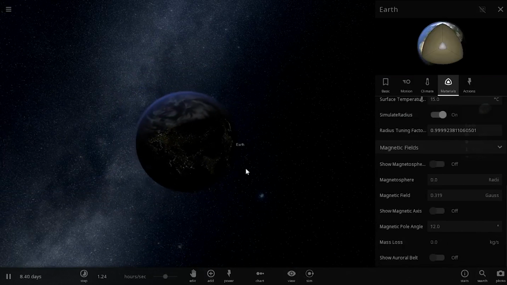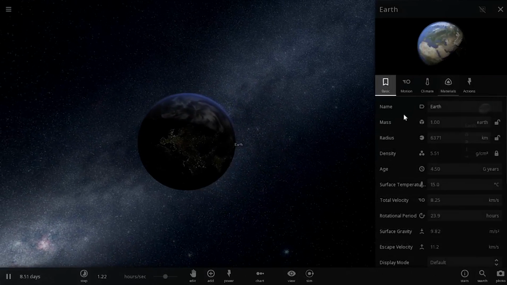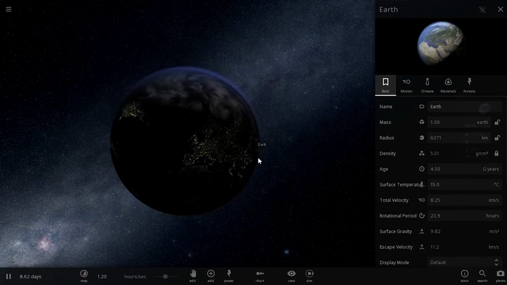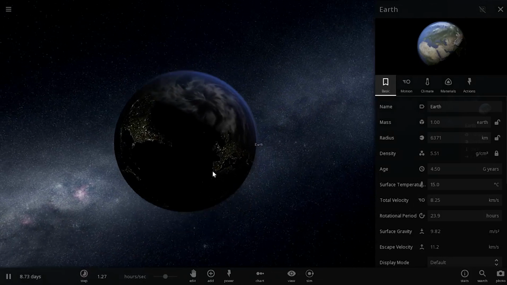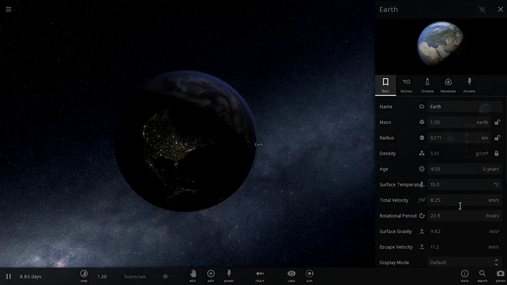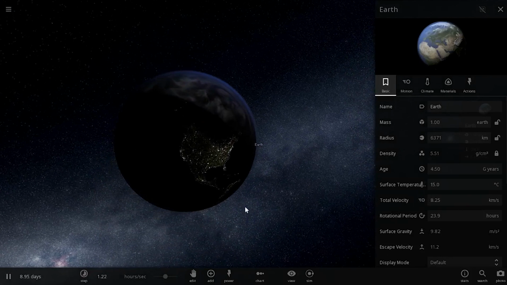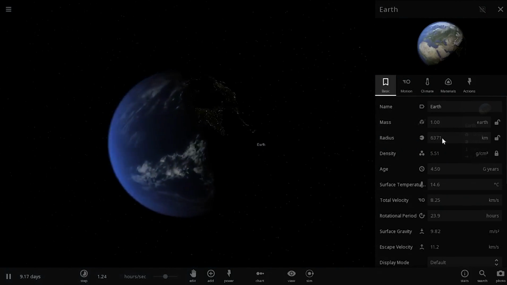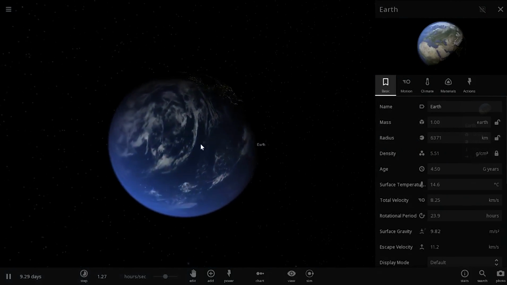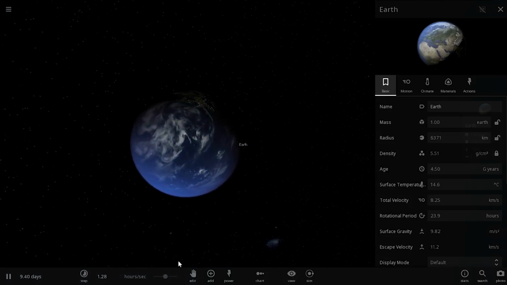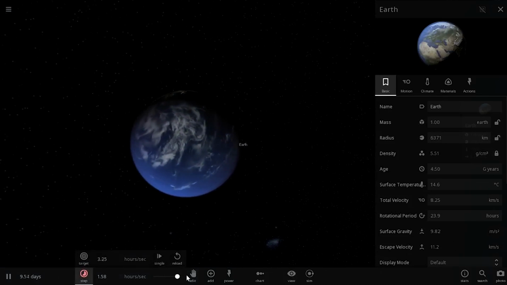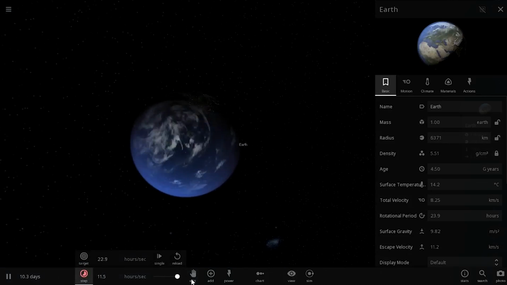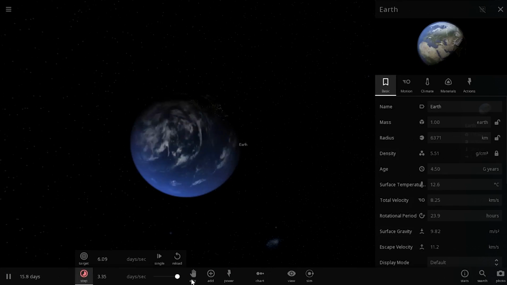So Earth at the moment is going alright. I mean, it's 4.5 billion years old, surface temperature 15 degrees Celsius, surface gravity is 9.8, well, that should be 9.81, but whatever. Let's crank up the speed. Days per second, months per second.